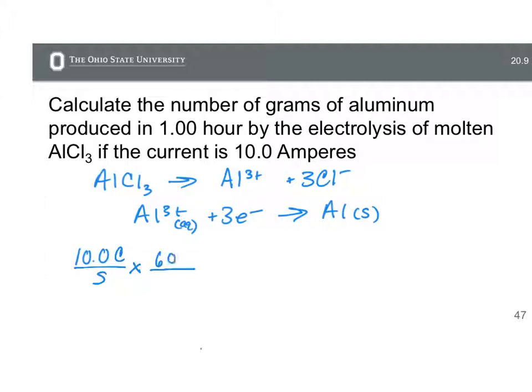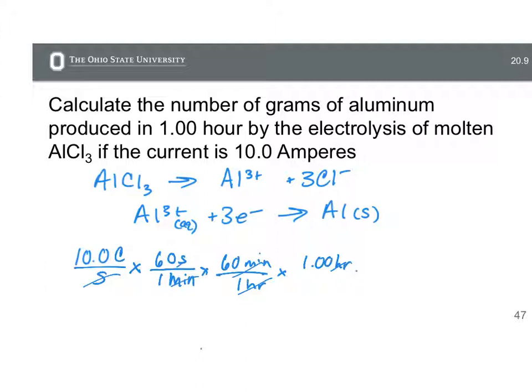Again, using my dimensional analysis to be able to figure out how many coulombs in an hour, essentially. 60 minutes, 1 hour, and then we're doing this for 1 hour. Okay, so hours, minutes, seconds all cancel.